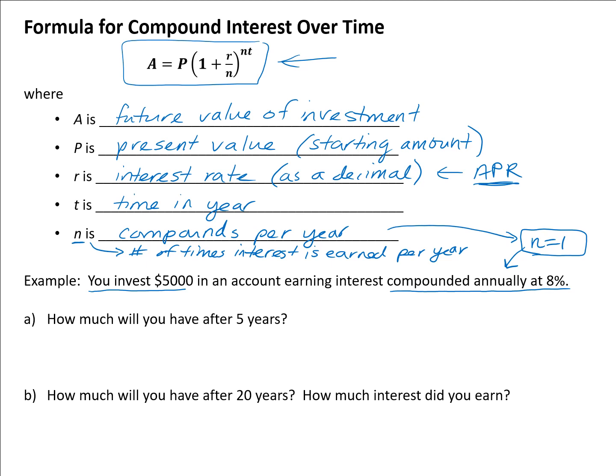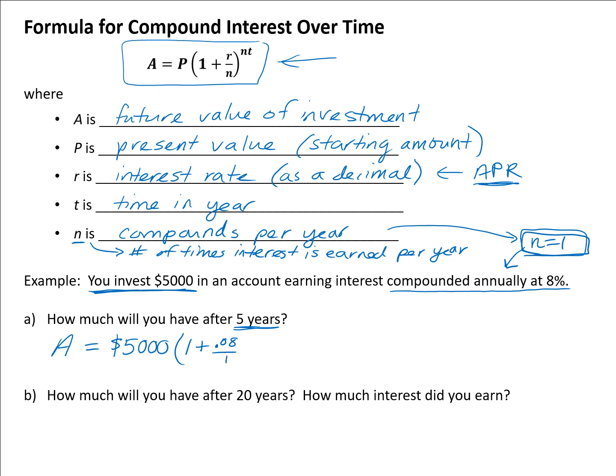Now let's take a look at what we did for the example in the table, which was investing $5,000 for 5 years, compounded annually. Using the formula, I would get my future value by taking the initial amount, which is $5,000, what we call our present value, and multiplying it by 1 plus R, 0.08, divided by N, the compoundings, and that's just 1 in this example.